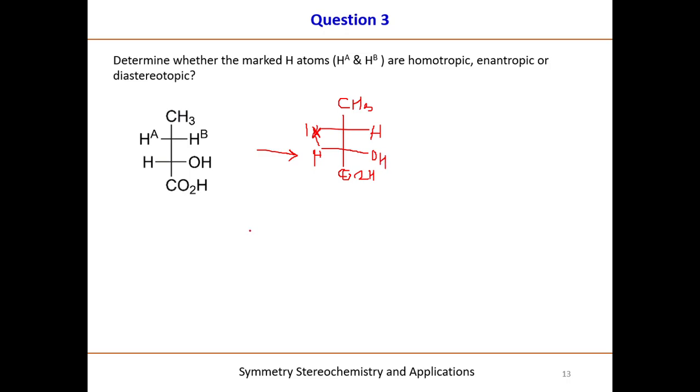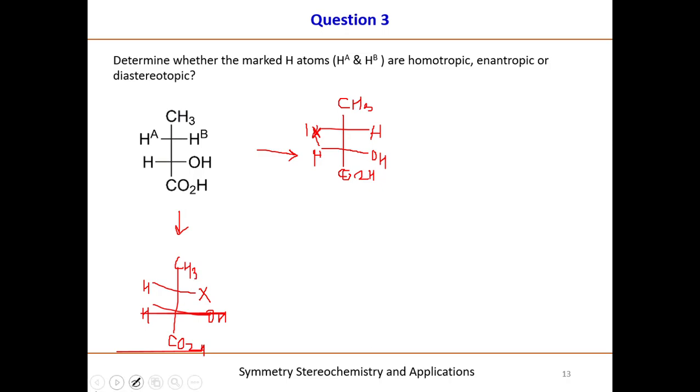Okay. Now the other possibility is that we will change the other hydrogen: OH, H, halogen, then CH3 group. Correct? CH3.